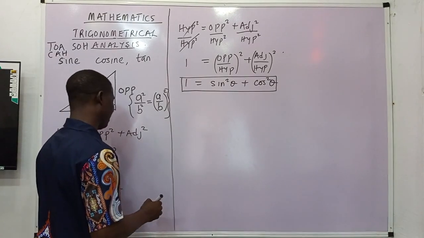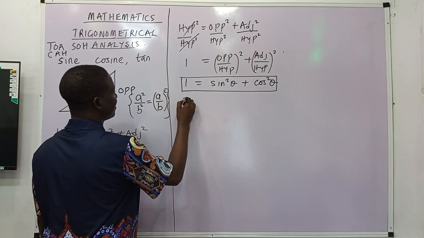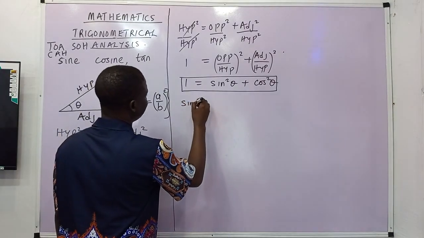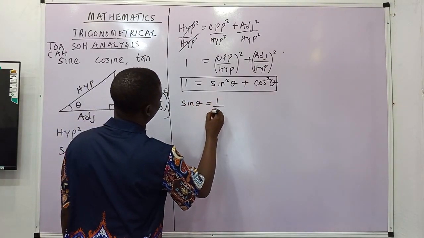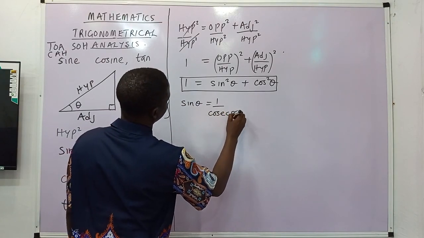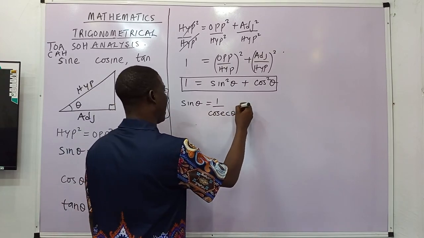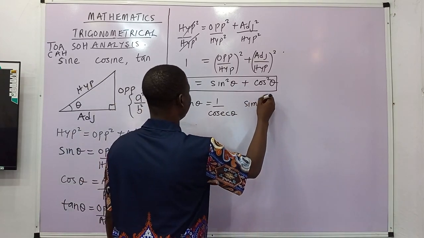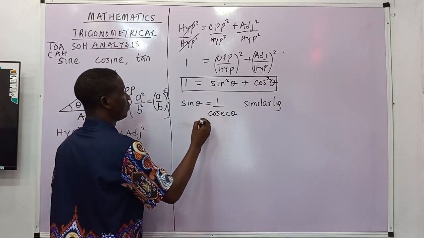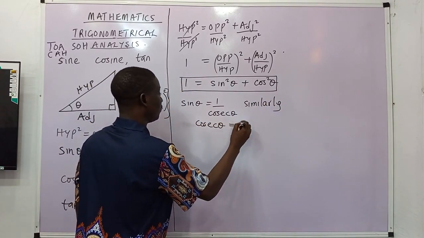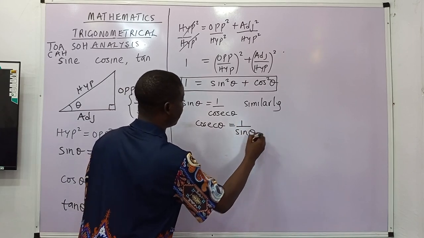Now, don't forget that sine theta is inverse of cosec theta. Similarly, cosec theta is equal to 1 over sine theta.